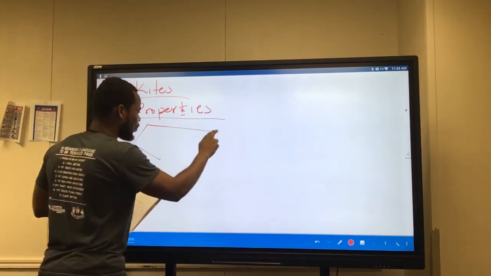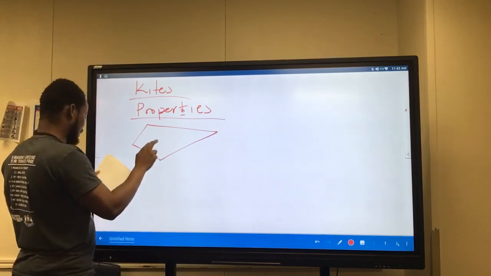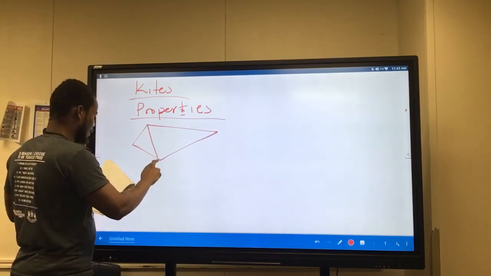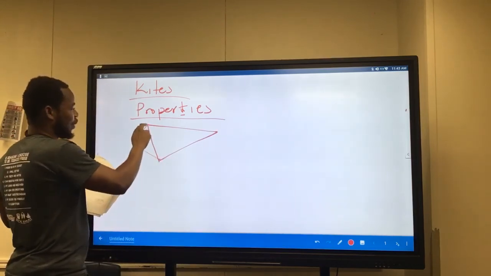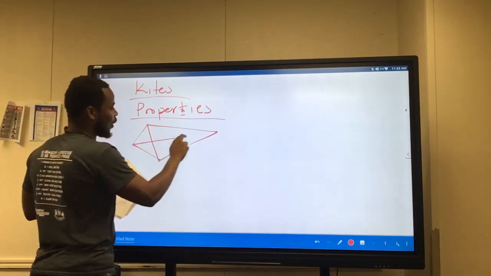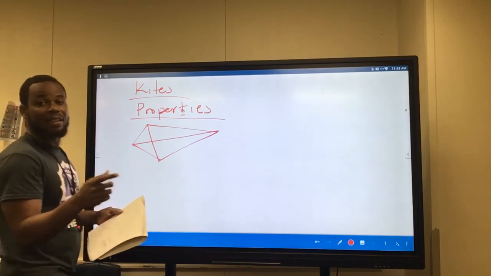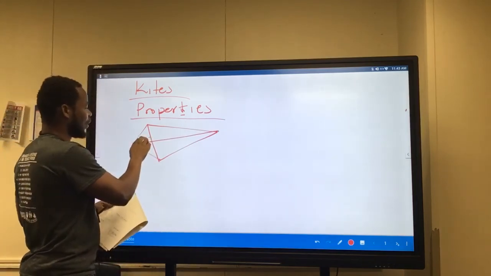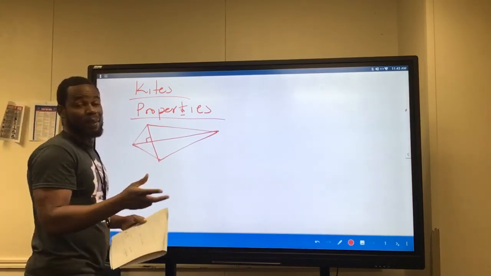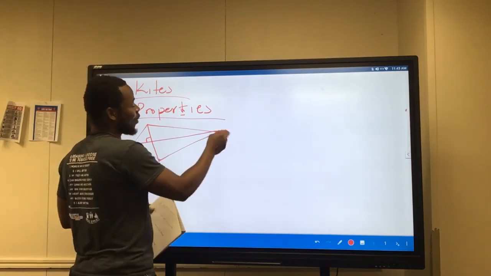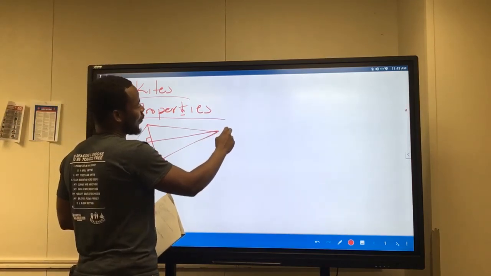Does it seem familiar to you? So this is a diagonal, right? And this is also another diagonal. If you have a kite of this form, the angle that is formed in this place is perpendicular. So the diagonals form a perpendicular line.